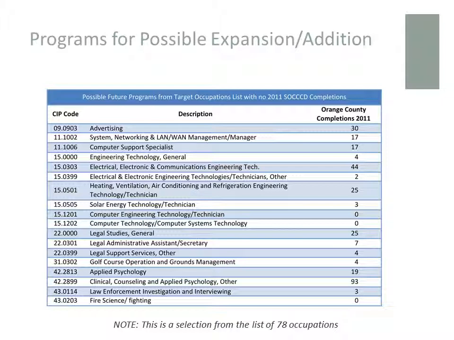And this is just a subset of the 78 occupations, 78 programs that were on that list. And this should be an impetus for discussions and further analysis by faculty and deans and advisory groups to really see where the college is going to go in the future, especially relative to CTE programs.